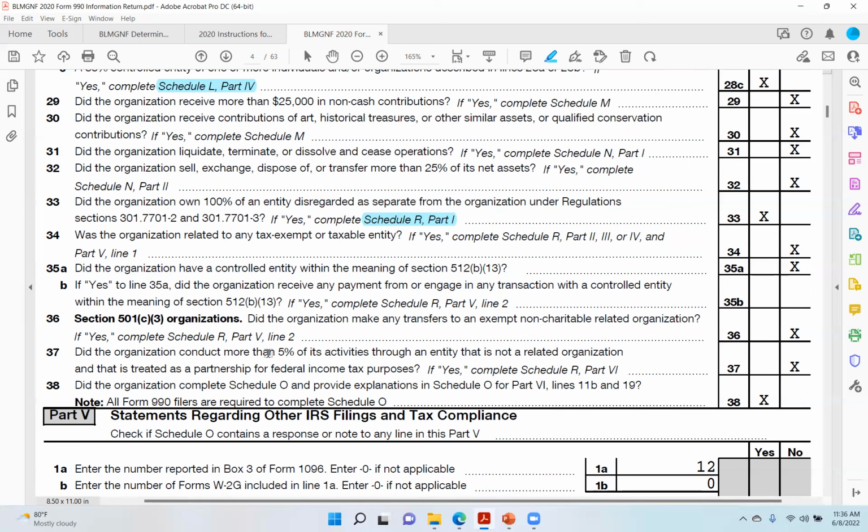So I think the answer should be yes to that. So that's a red flag for me. I think they should have completed a Schedule R, Part 5 on line 2.